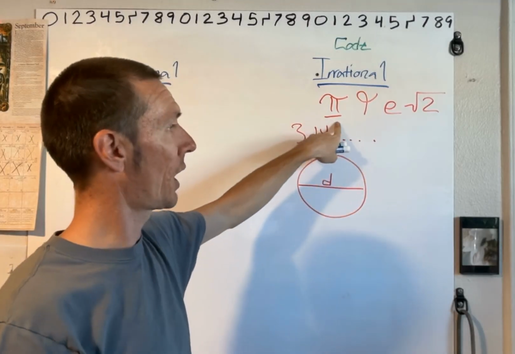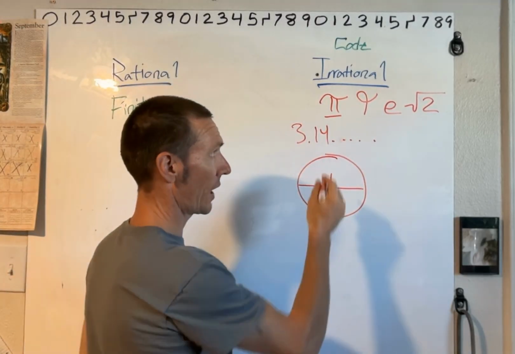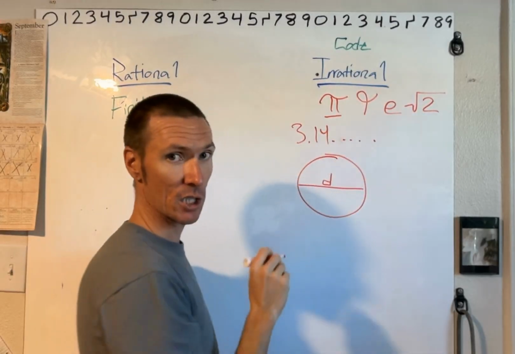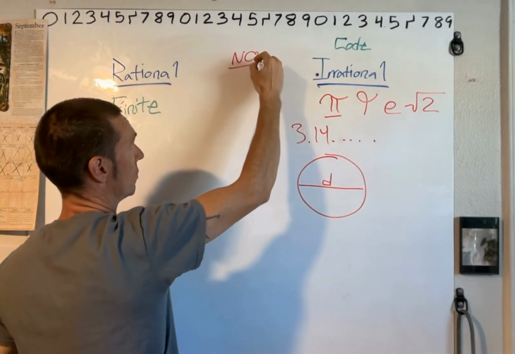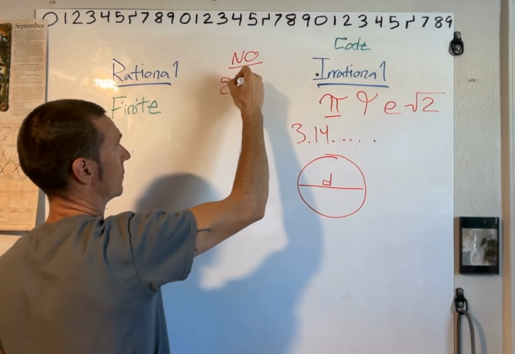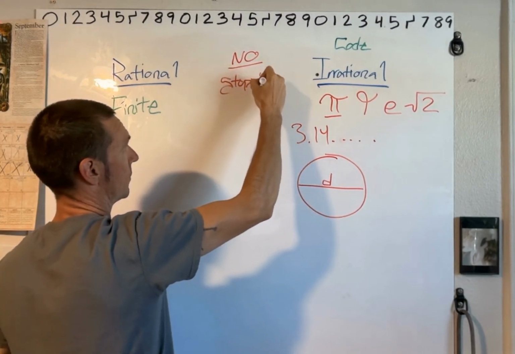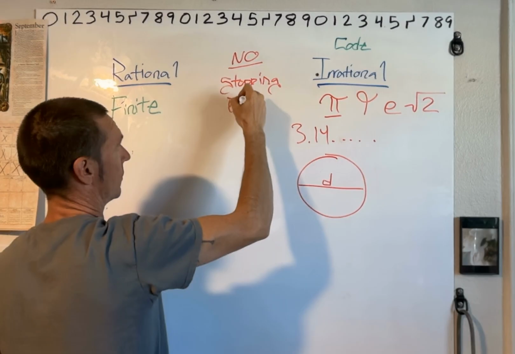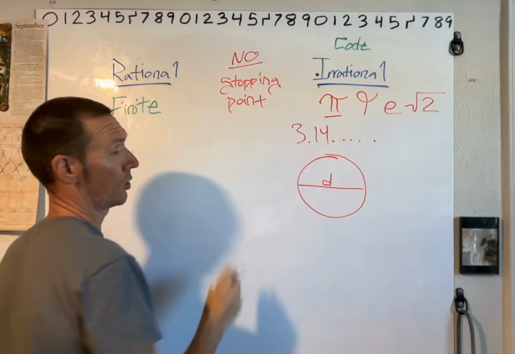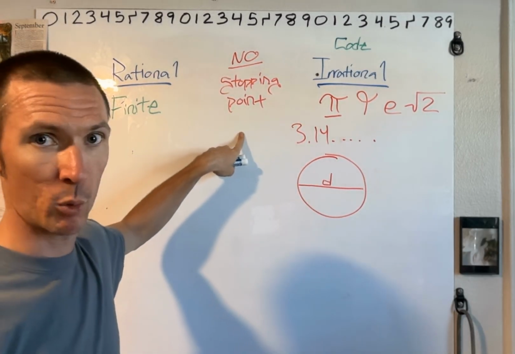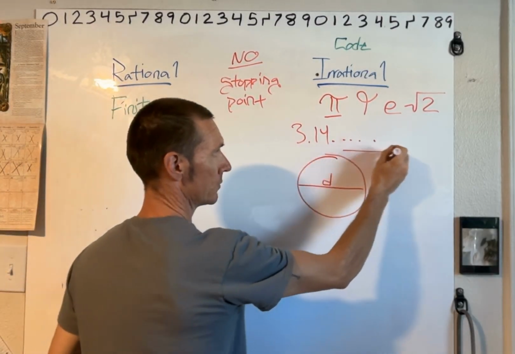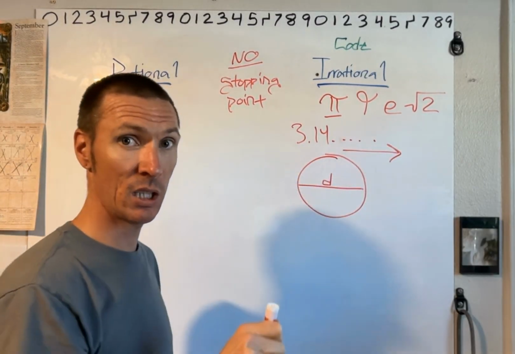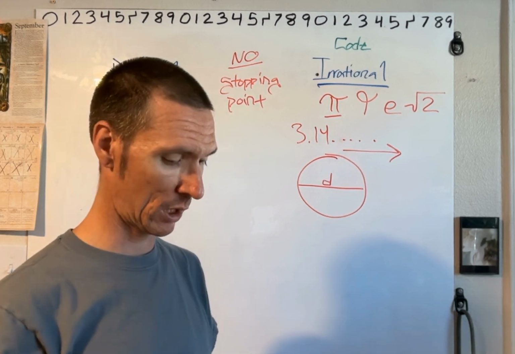Now, pi is an irrational number. It's irrational because it has no stopping point. Okay, no stopping point, ever. It goes on for infinity, and it's non-repeating, okay?